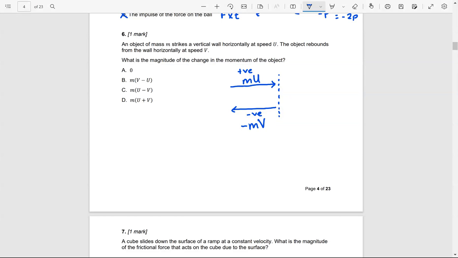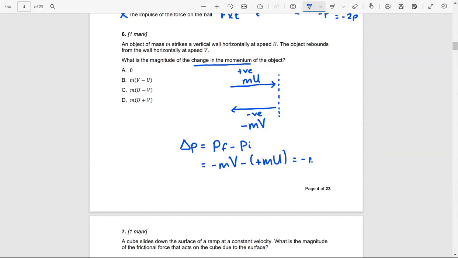Okay, so we're looking for the change in the momentum first. So the change in momentum is final minus initial. So it's negative mv minus the initial. And you could drop the plus sign if you wanted.